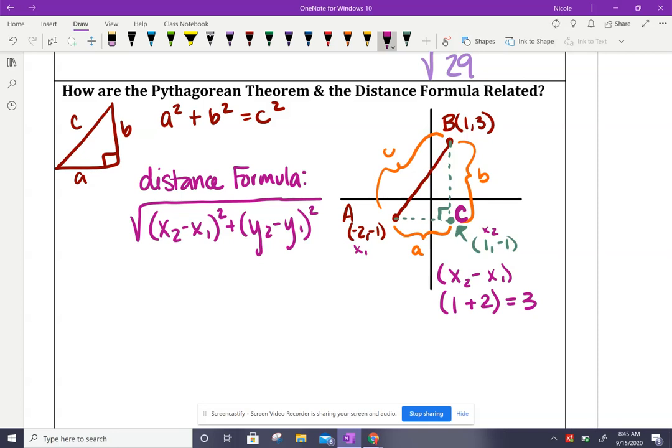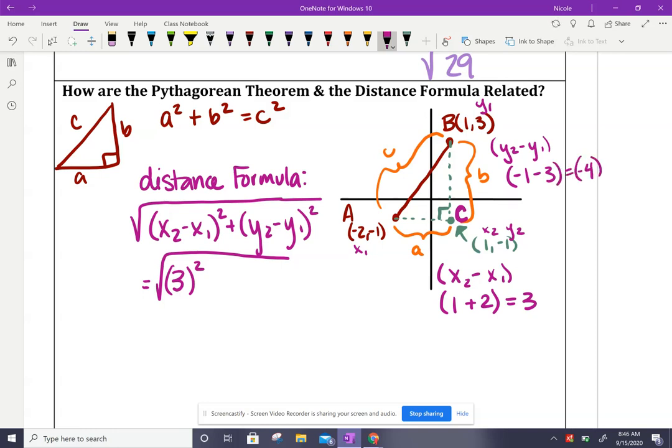So I'm going to plug that into my distance formula. And then I'm going to do the same for side B, except since this is a vertical line, I'm going to do the y values. So I'm going to do y2 minus y1, with my y2 belonging to point C and my y1 belonging to point B. So y2 is -1 minus 3, and that gives us -4.